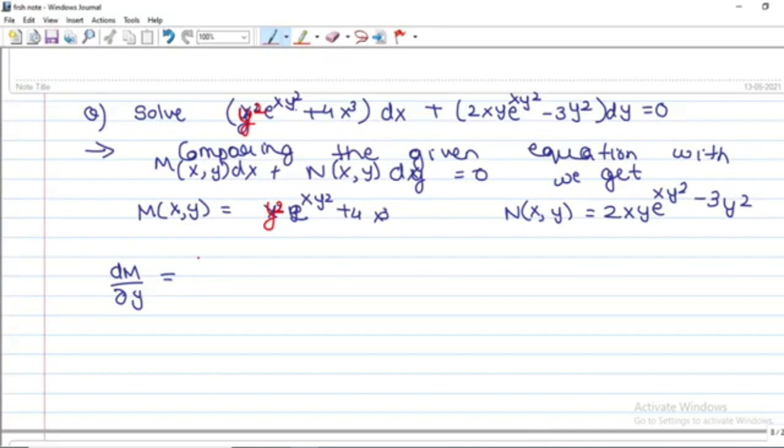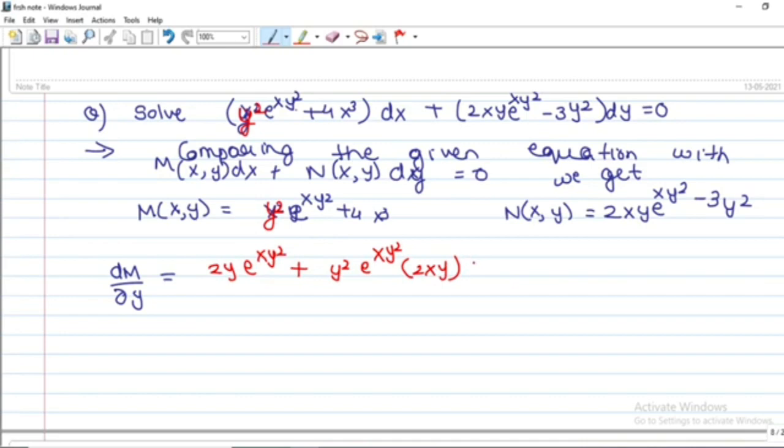So if we differentiate it with respect to y, the product rule will be applied here. So once, 2y e power x y square will be there. Secondly, y square will be as it is, e power x y square into 2xy. So hope you have understood this thing properly.